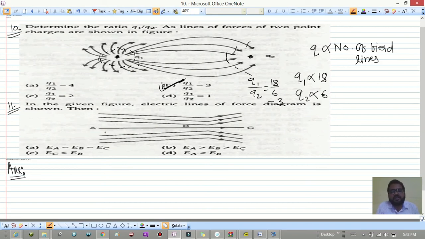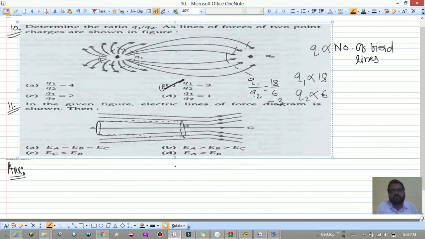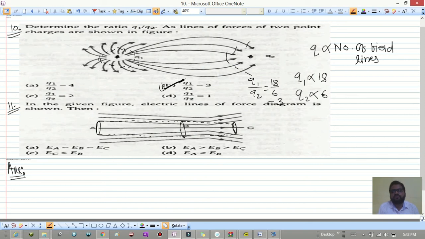Over here, take a small circle at point A, the same circle at point B, and the same circle at point C. As you can see, in EA only one field line is there, in EB three field lines are there.